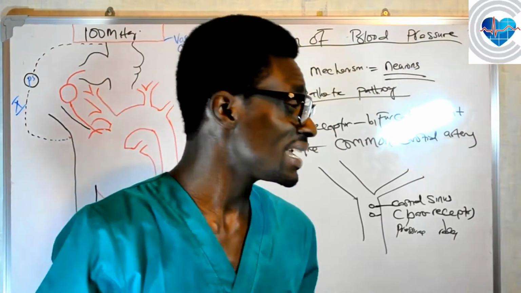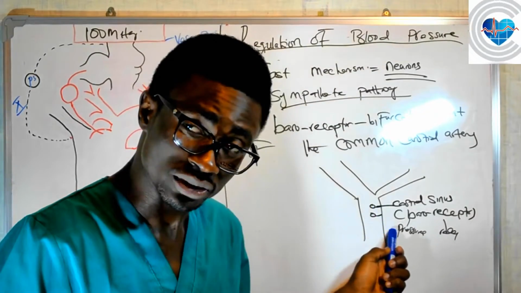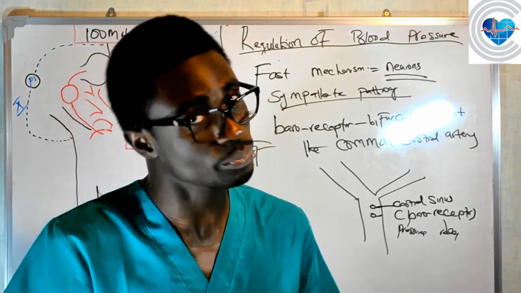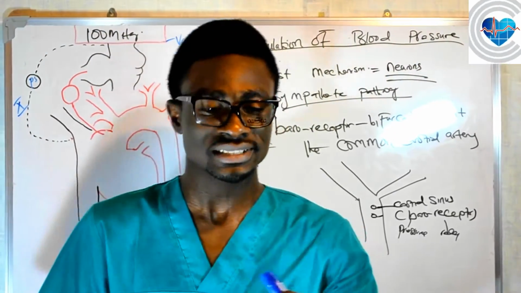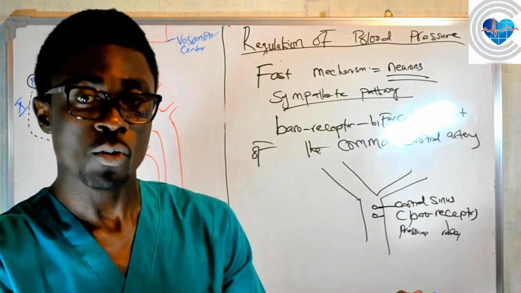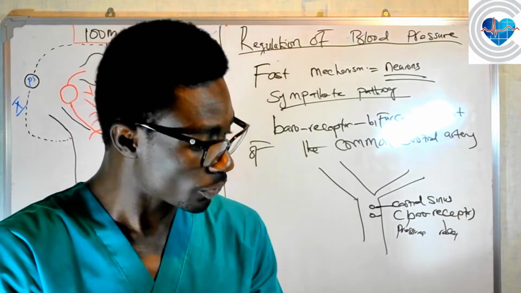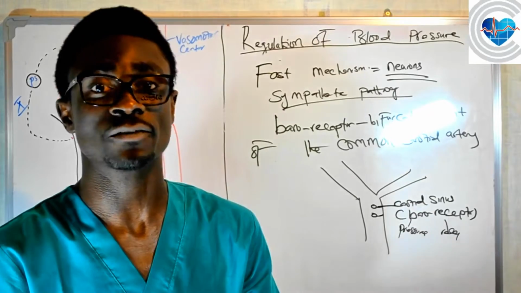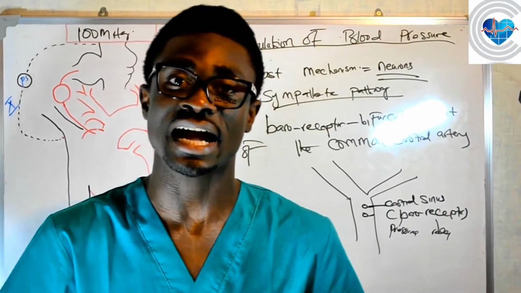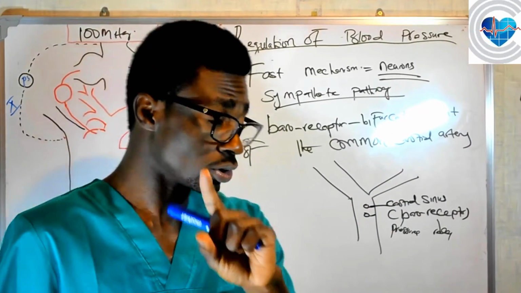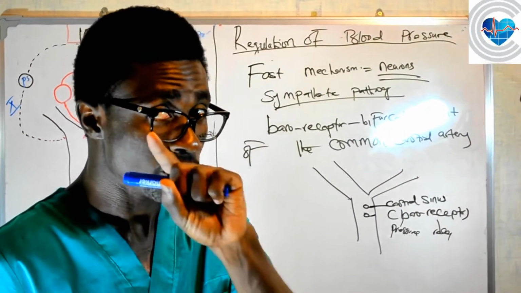And these baroreceptors are very, very sensitive to low blood pressure. So you now understand why when a person has a cut, his blood pressure is going to drop, because first of all there will be a decrease in intra-arterial blood volume. That will cause a drop in blood pressure.